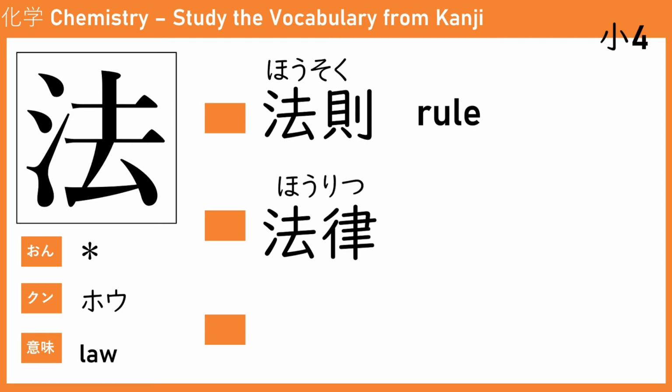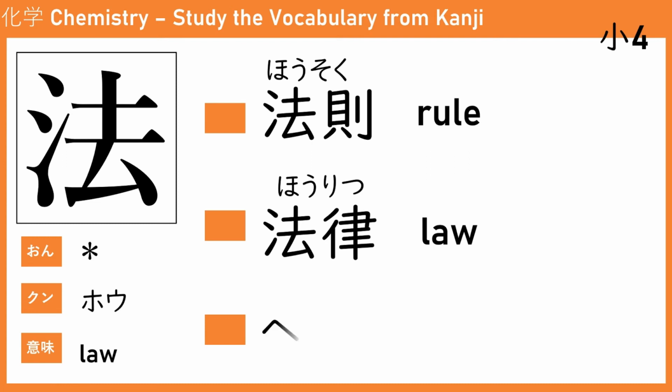This one differs from the first one, 法律 means the law in terms of government. 法則 refers more to academic words. If you're going to say the rule of mathematics or the rule of physics, you use this one. But if you're using the word law in governmental or political sense, it refers to horitsu.